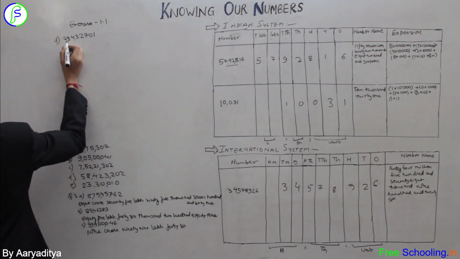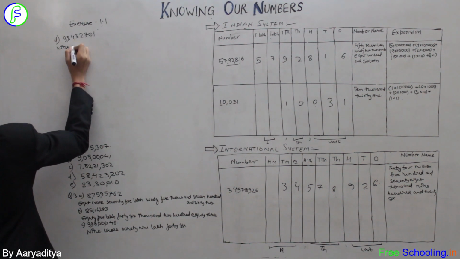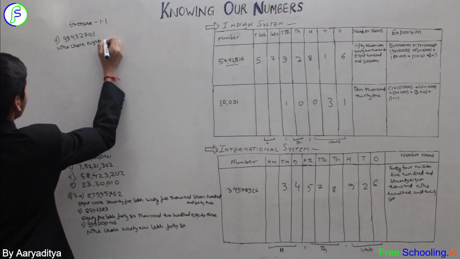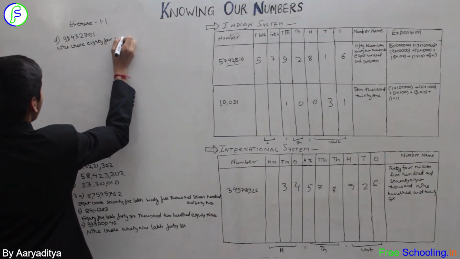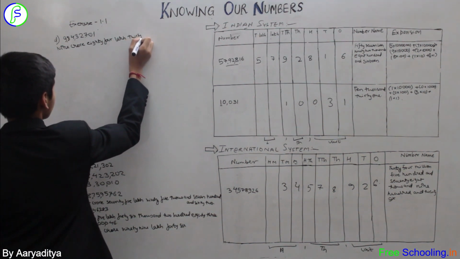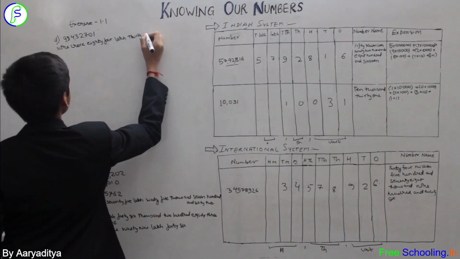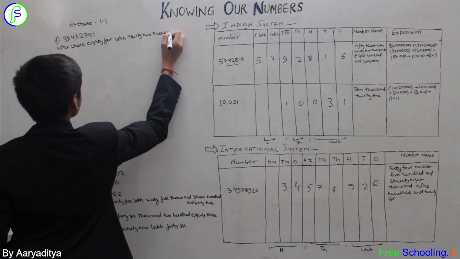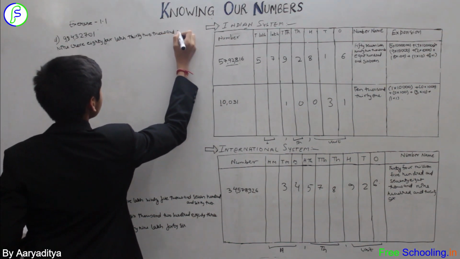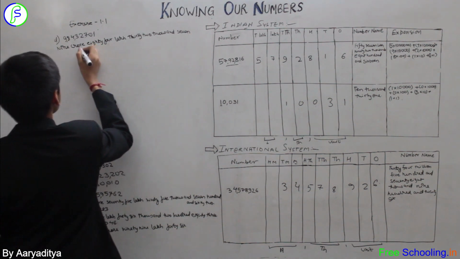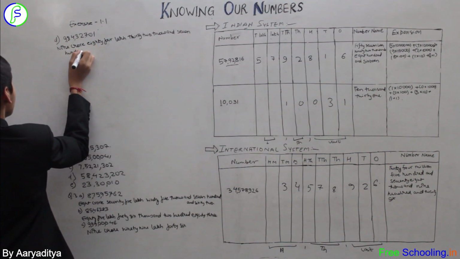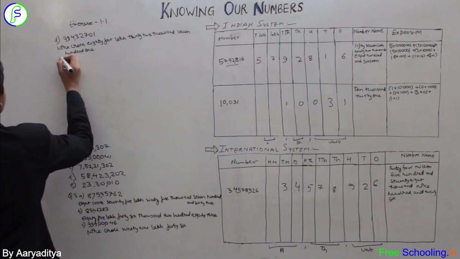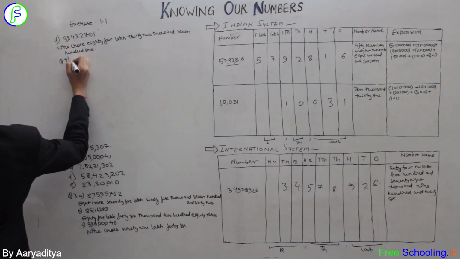Then naming it, it would be named 9 crore 84 lakh 32,701. So this is the name. Now let's get on to question number 4.